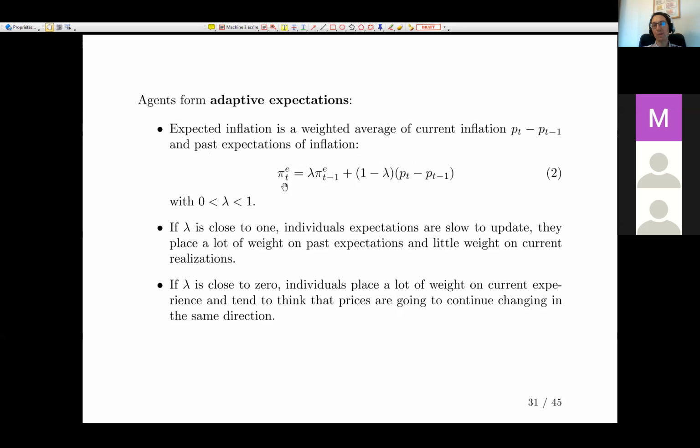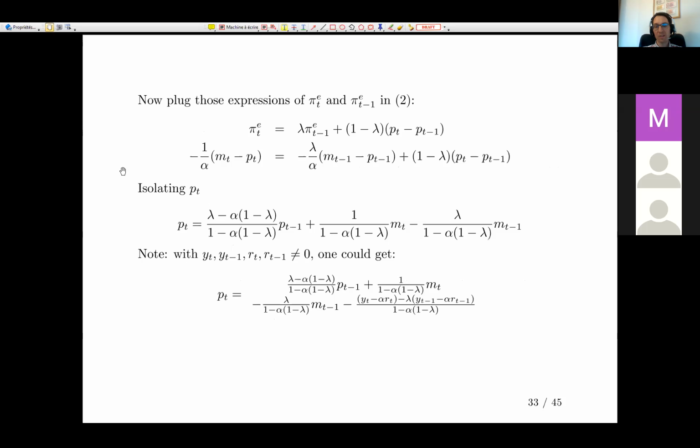The amount of inflation I expect for next period is a weighted average, where lambda is between 0 and 1, of what I expected as inflation today and the actual inflation today, so the change in price today compared to yesterday. Today I see how prices changed, and then it makes me guess how prices are going to change. Using this equation, this is how I derive the whole model.